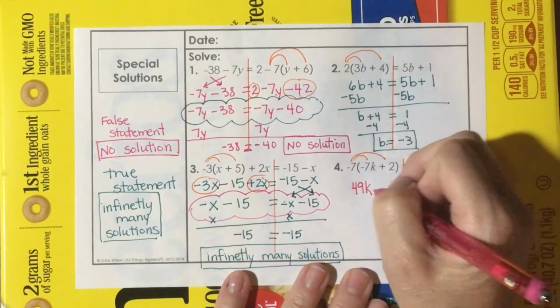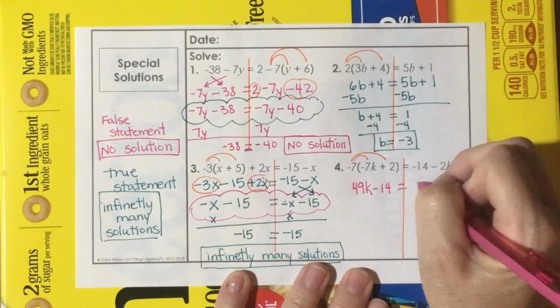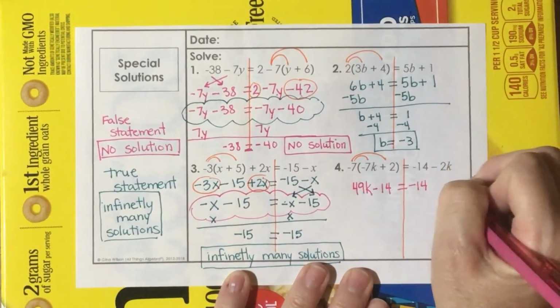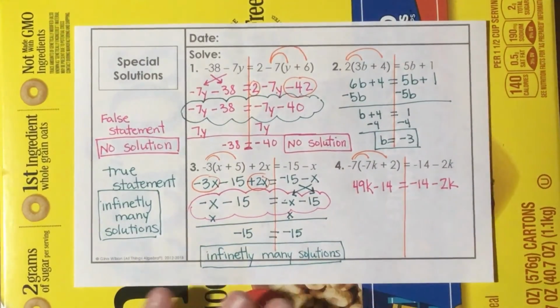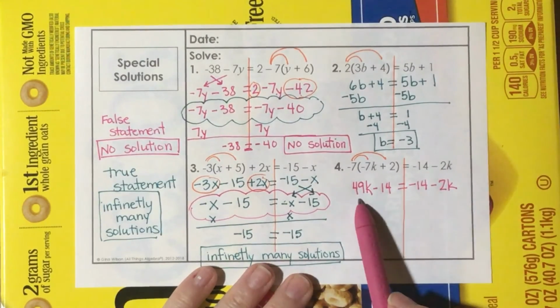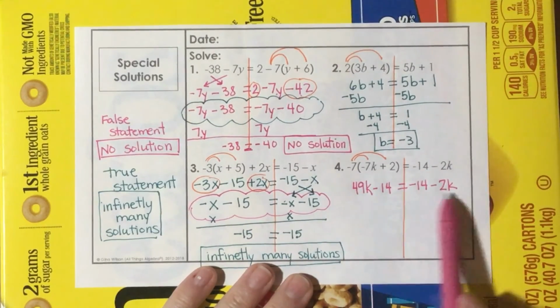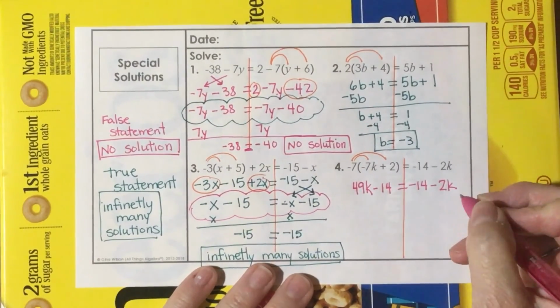Plus a negative times a positive is -14 equals -14 minus 2k. What I've noticed right now is that we have a -2k and a 49k. They're not similar. They're not going to end up canceling out, are they?